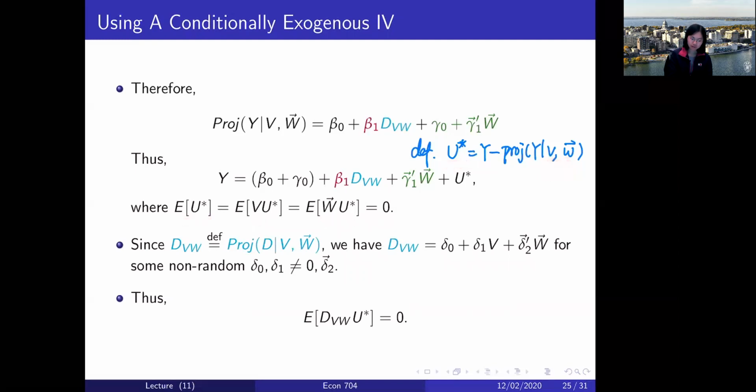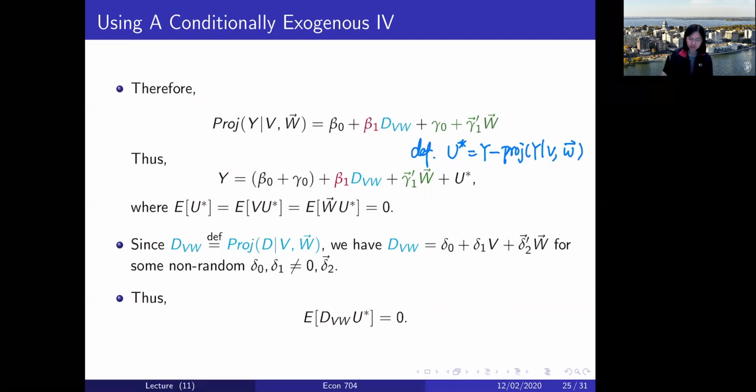So therefore, you can estimate all these coefficients in this projection equation by running OLS of y on d_vw and w. That is, if you observe d_vw.